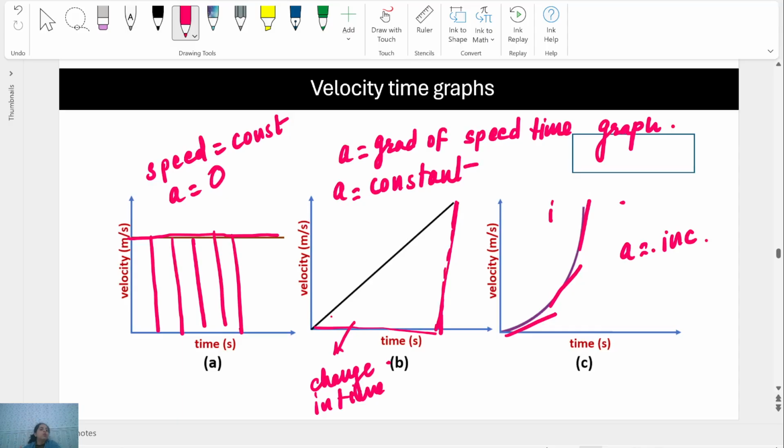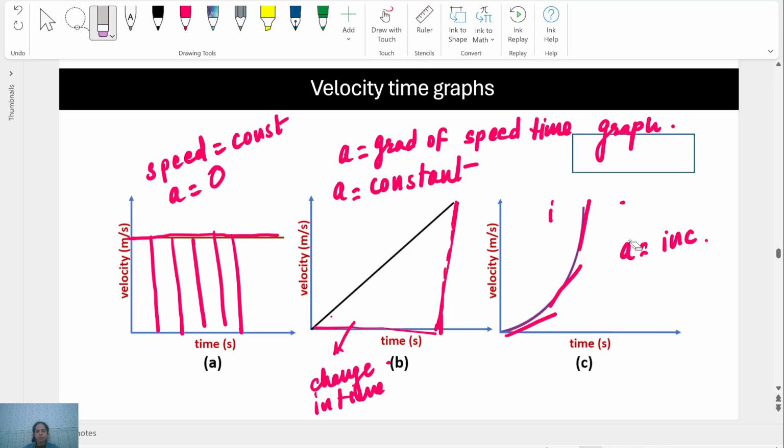Okay, now there's one more thing. Almost all exam boards would ask you a question on how to calculate distance traveled from a velocity time graph. Because you don't need to know how to derive this, I'm not telling you how to get to it, although it's not very difficult.